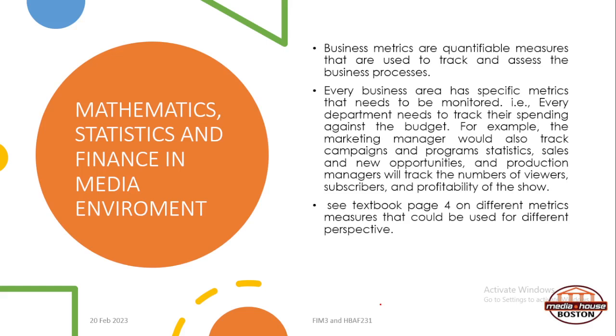In the textbook, if you take a look at page 4, it talks about some examples of metrics, to say that if you're looking to measure success in relation to customer perspective, we're going to look at the customer satisfaction index, the number of times people repeat to buy the same item or purchase, and the number of returned orders, where people do not like the product or the product becomes faulty, which leads to sales going down.